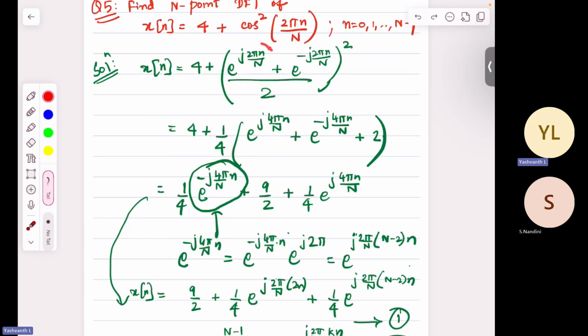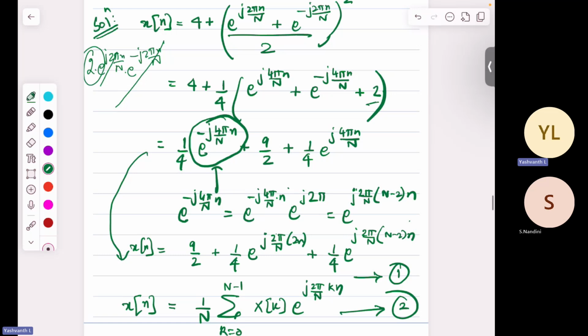What you have is the first a square, which is e power j 4 pi by capital N into n, plus b square, e power minus j 4 pi by capital N into n, plus 2. That's because the last term will have 2 into e power j 2 pi n by capital N into e power minus j 2 pi n by capital N. Both will cancel with each other, so it will only give you 2, the 2ab part of a plus b the whole square.